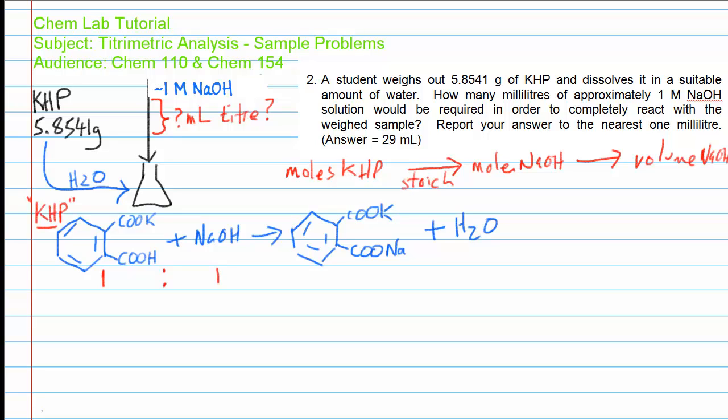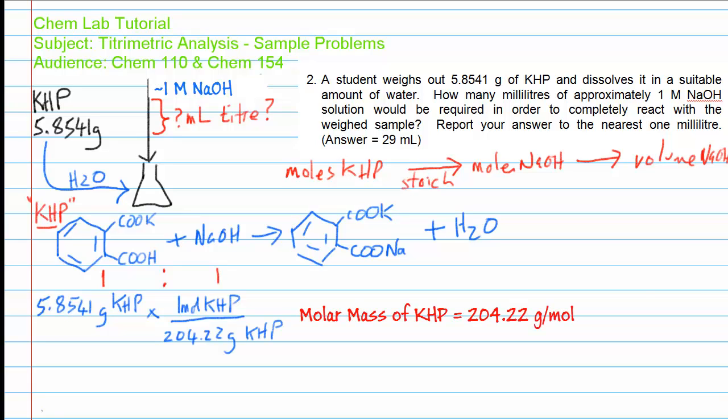So we'll begin by calculating the moles of potassium hydrogen phthalate. So we know the mass is 5.8541 grams of potassium hydrogen phthalate, and if we multiply that by this ratio, 1 mole of potassium hydrogen phthalate divided by 204.22 grams of potassium hydrogen phthalate, the molar mass of potassium hydrogen phthalate is 204.22 grams per mole.